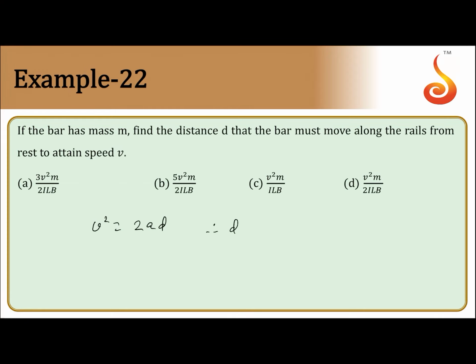So D will be equal to V square by 2 into ILB by m. So it will be V square m by 2 ILB. So fourth option.